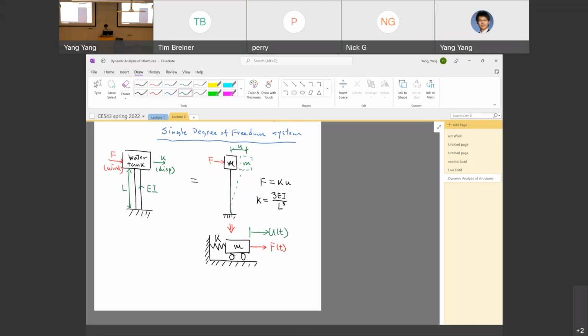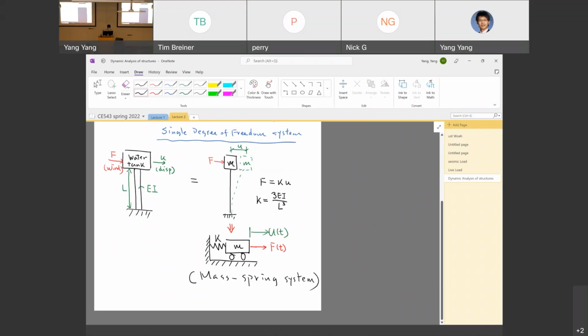So we can easily convert a static model to a dynamic model, and that's the start of the dynamic analysis. This is called the mass spring system.